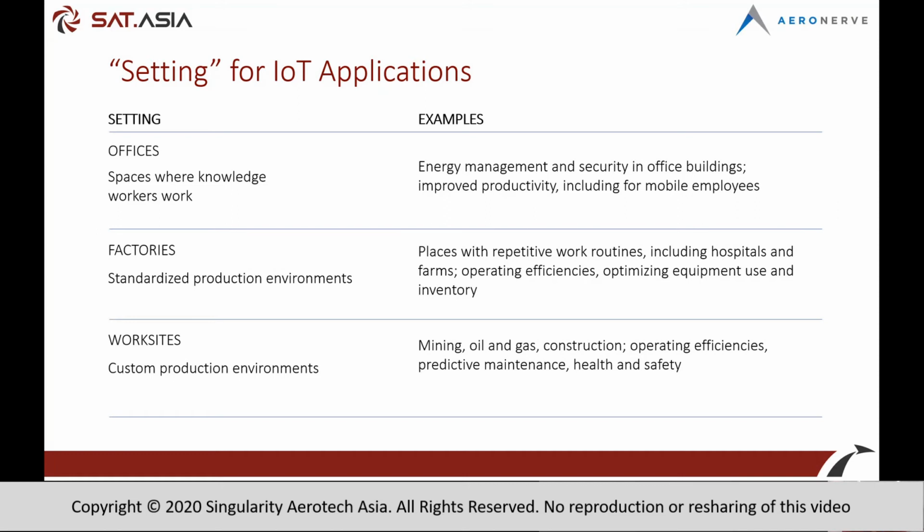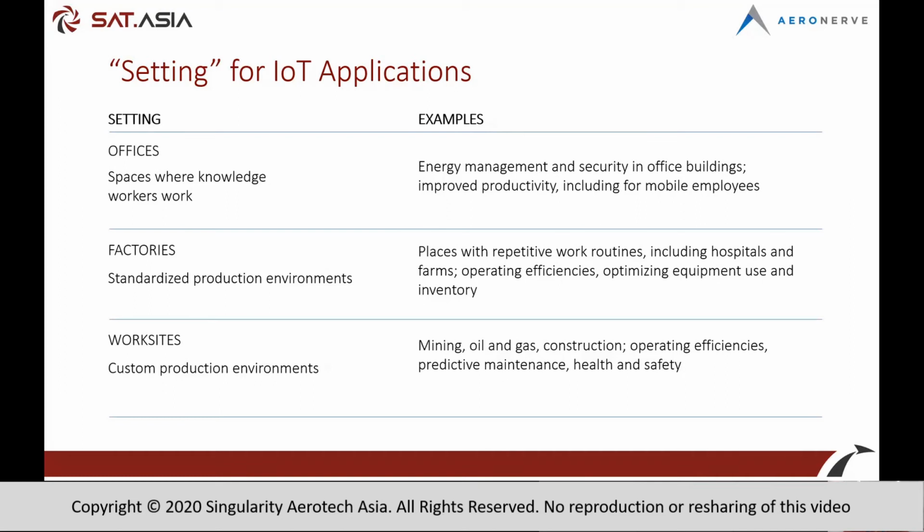The next setting will be factories. Factories, as you all know, are a standard production environment. We produce products, whether finished or semi-finished. One thing about manufacturing is that it's always repetitive work, doing the same thing every day, and it's not only limited to production.